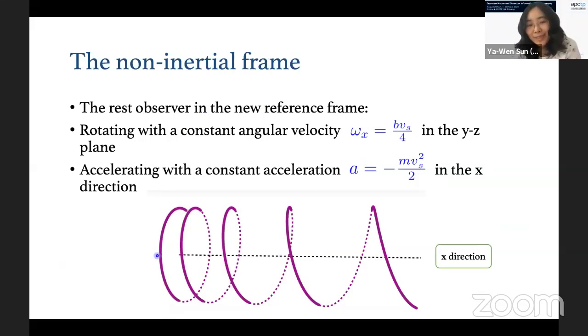The observer that is observing these topological modes of hydrodynamics is rotating in the y and z directions, and at the same time accelerating in the x direction, so they are moving in a helix in this way, with a constant angular velocity and a constant acceleration in the x direction.